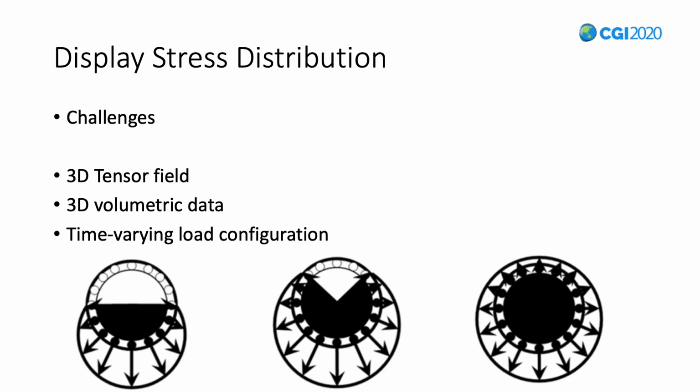What's more, in general product design, the engineers may need to check the stress distribution under different or time-varying load configurations. Taking this into consideration, the interaction with the stress distribution gets even more complicated, making the traditional methods not effective.